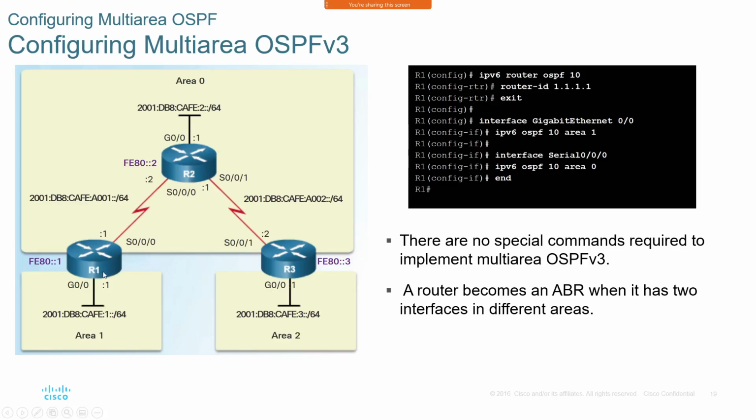If you had any IPv4 interface on the routers, the router would be able to assign itself a router ID, which would be the highest IPv4 address of the loopback interface, if there's any loopback interface. If there are no loopback interfaces, it will be the highest IPv4 address of any physical interface.